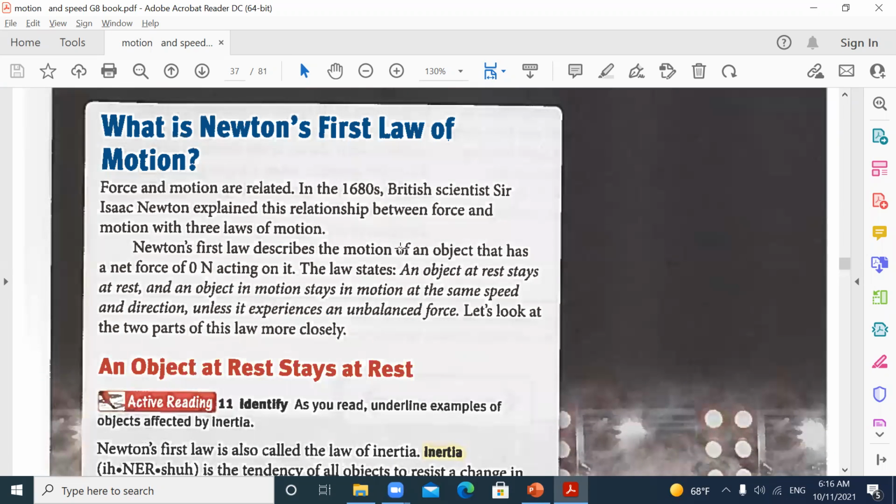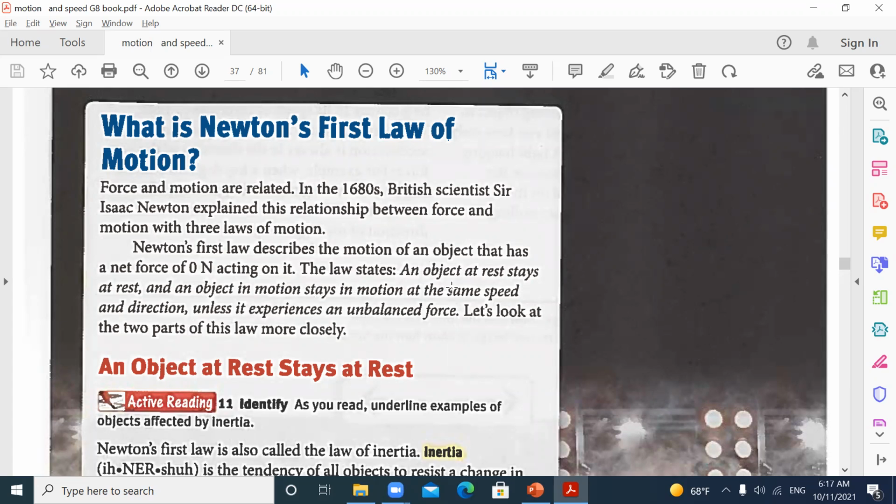Newton's first law describes the motion of an object that has a net force of zero. The law states an object at rest stays at rest, and an object in motion stays in motion at the same speed and direction unless it experiences an unbalanced force.